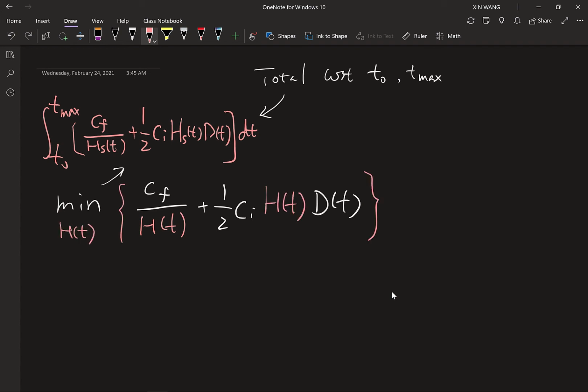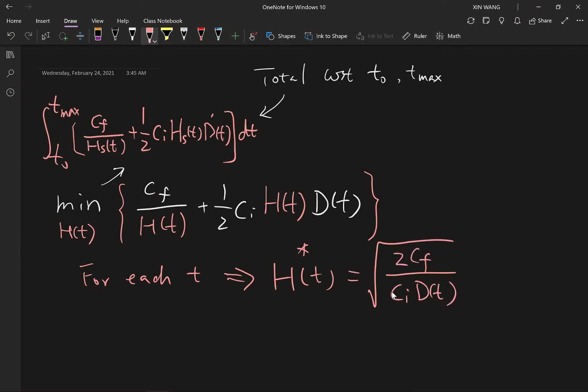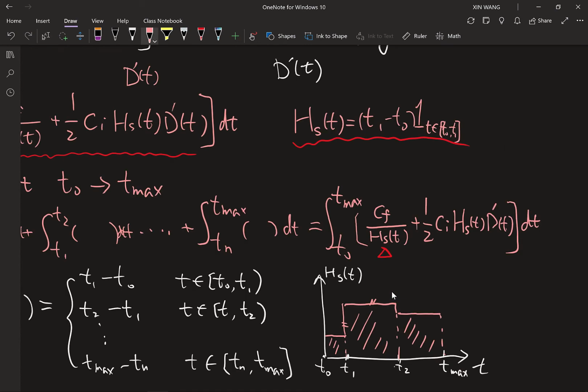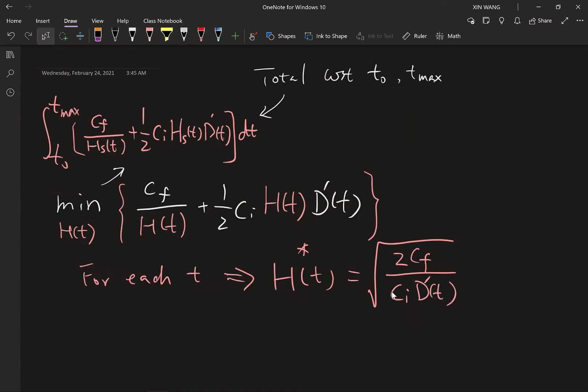Then this is pretty simple, right? For each value of t, we can just apply the EOQ form and we can get the optimum solution for each. We just derive it, right? So you can see that the optimum headway is determined by your demand rate. In the previous derivation for constant demand rate, the headway function is also a constant.